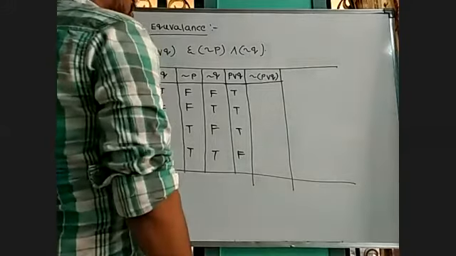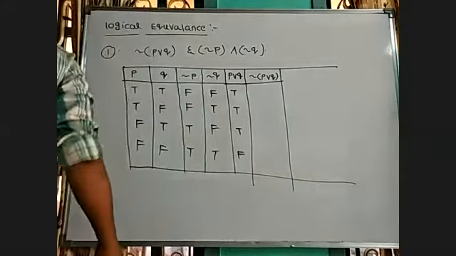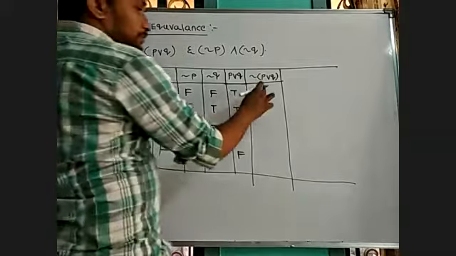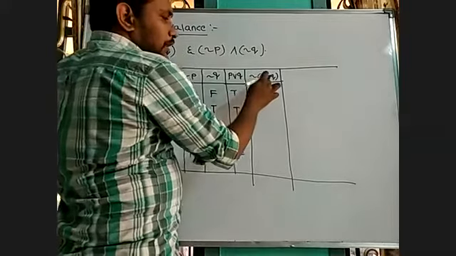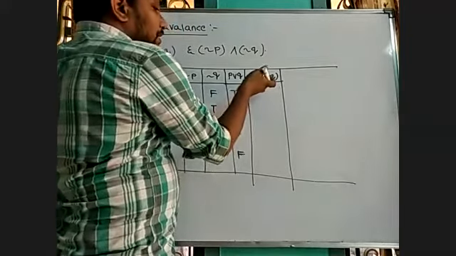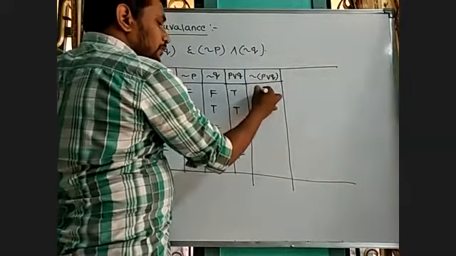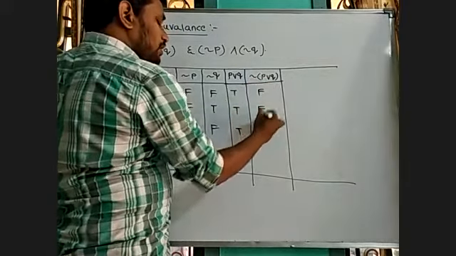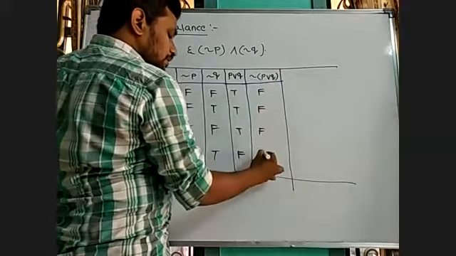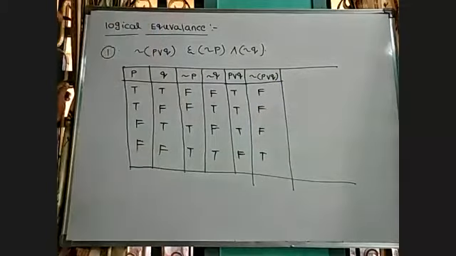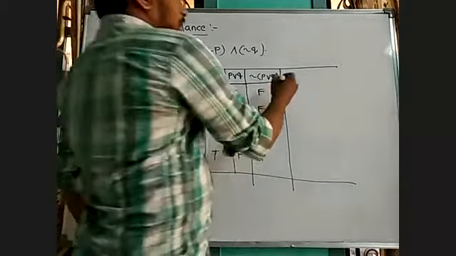Next, negation of (P disjunction Q): negation means we write the opposite, so false, false, false, true. Up to here completed.